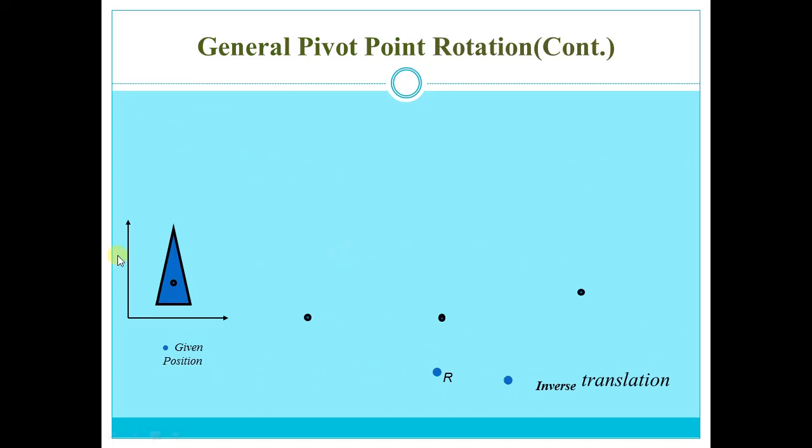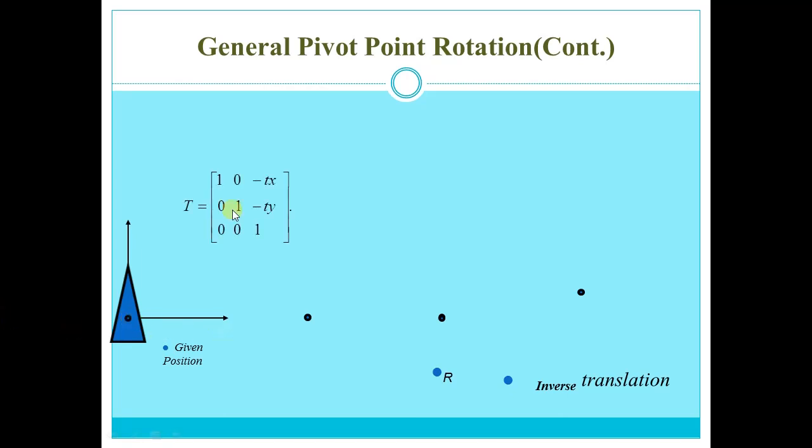Now here we can see this triangle is given. In this position, you want to rotate this triangle about this pivot point. So first of all, translate this point P to the origin, because we have the rotation matrix about the origin.